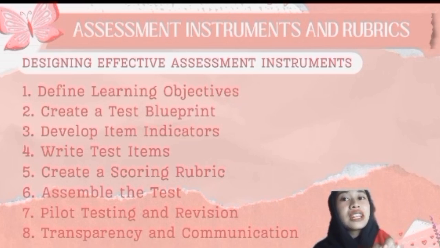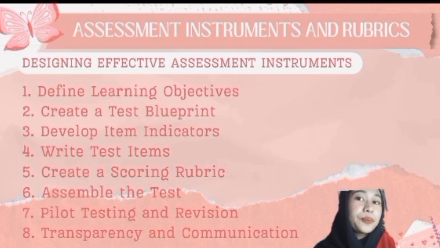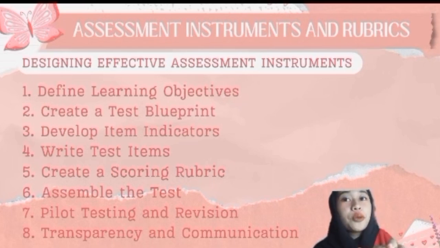And revision is, if necessary, revise performance description or concept and skill to be assessed based on pilot test results. The last is transparency and communication. Communication is ensure that all parties involved, including assessor and student, understand how weight are applied in the rubric.